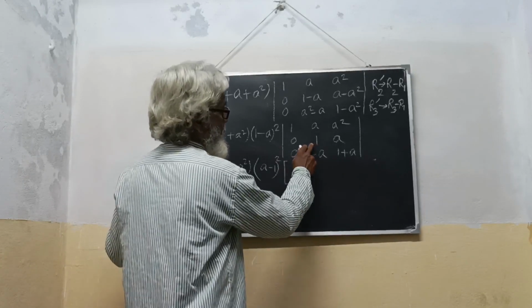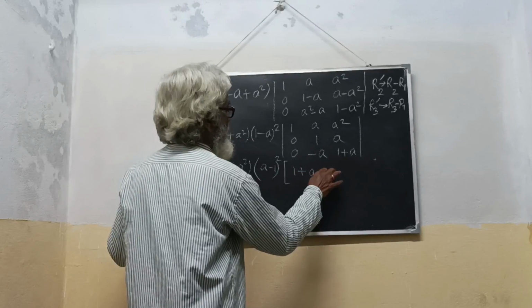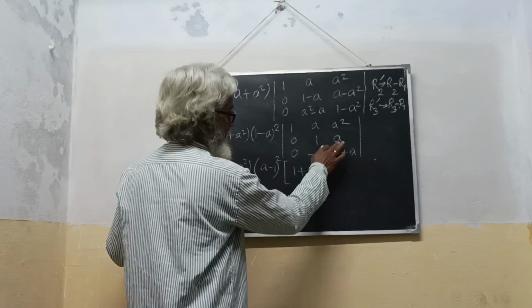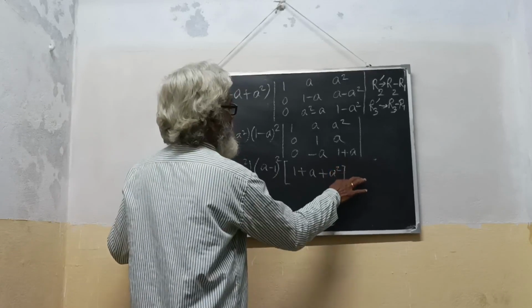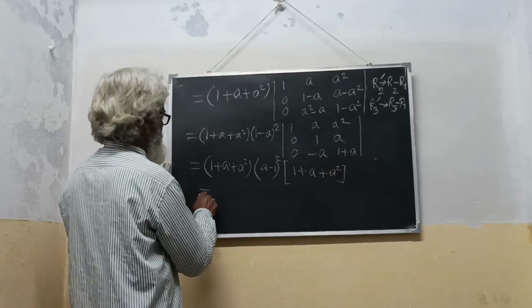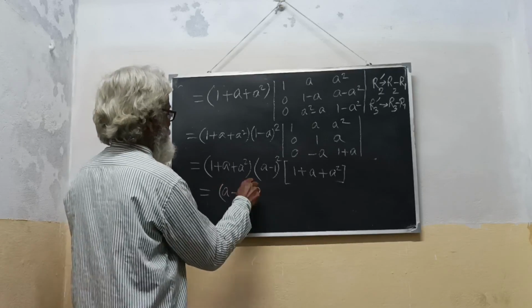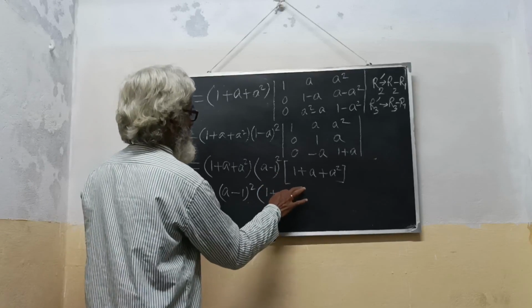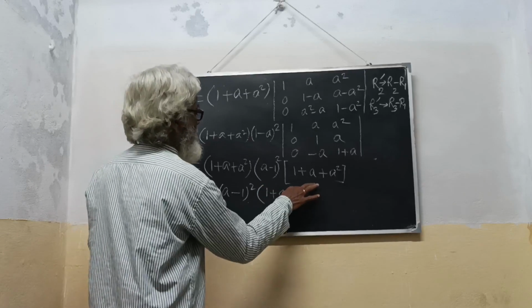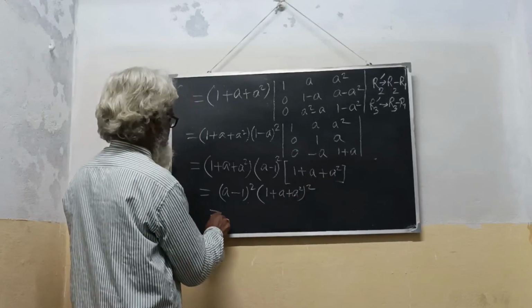We expand this, so it will be 1 plus a minus a squared, so it will make this. So you will ultimately get (a minus 1) whole squared into (1 plus a plus a squared) whole squared.